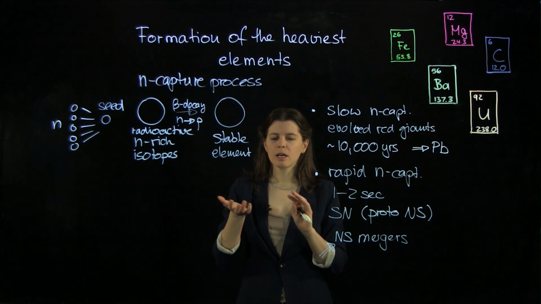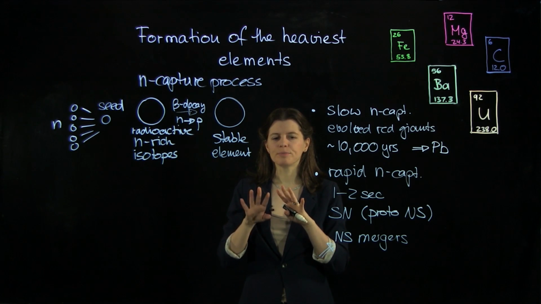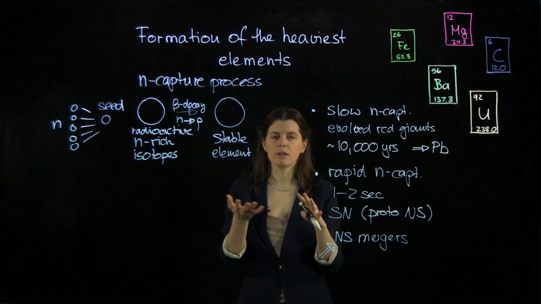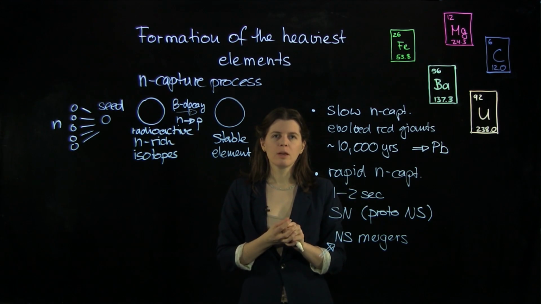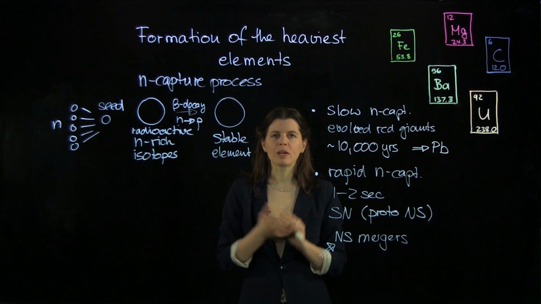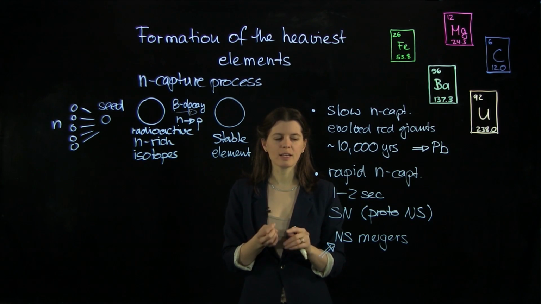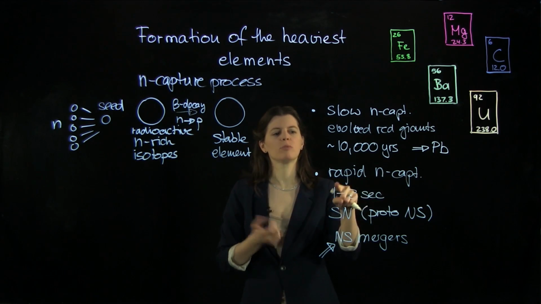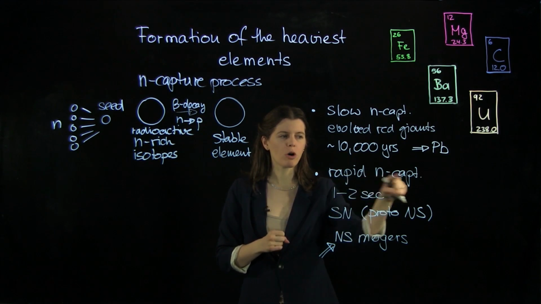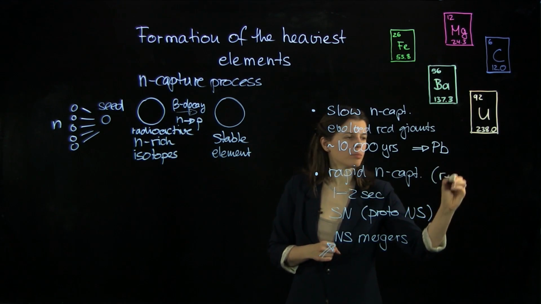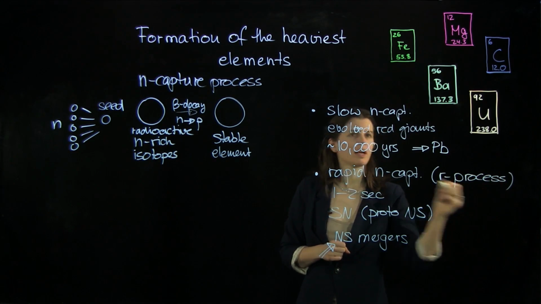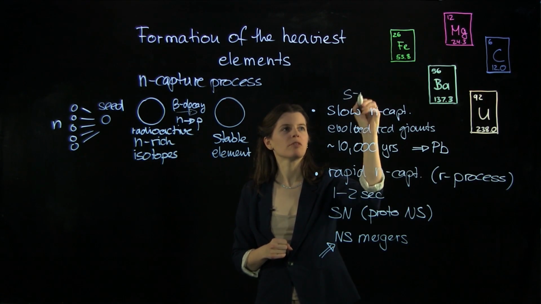And because the universe was not too much enriched in all the other elements, we have this opportunity to observe a clean nucleosynthesis process of this R process. We sometimes abbreviate it rapid with R, so R process. And actually this here is S process, you could have guessed that.